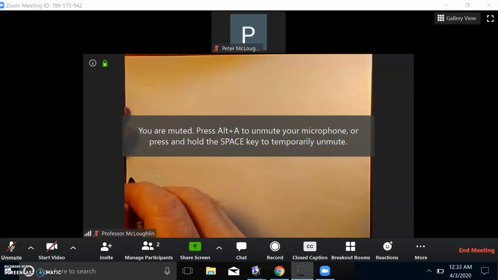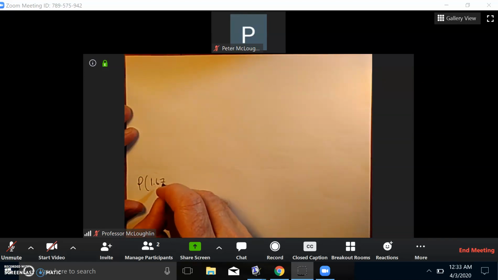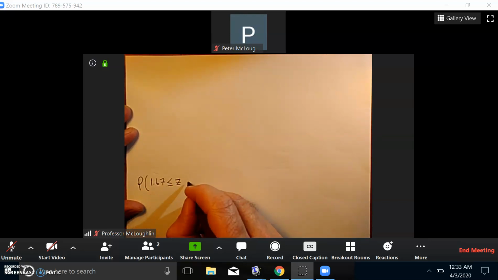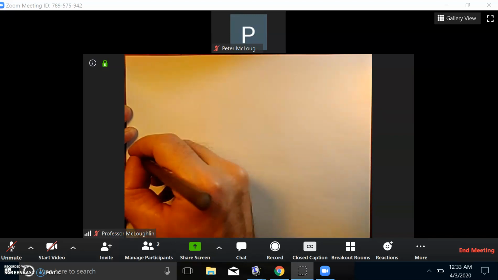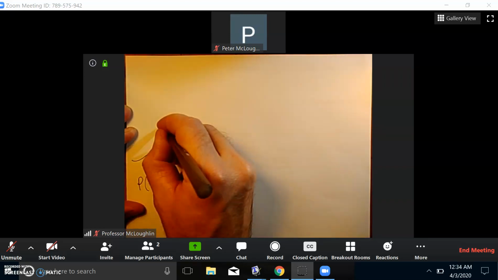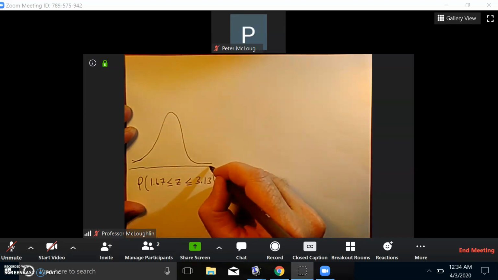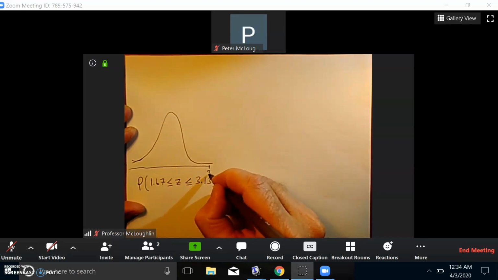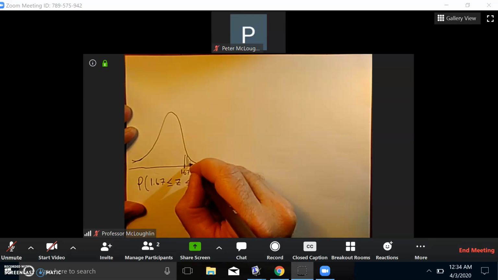Down here I'm going to write the probability z is between 1.67 and 3.13. I can draw a standard normal curve here, with 3.13 over here and 1.67 here. So we're looking for this area.